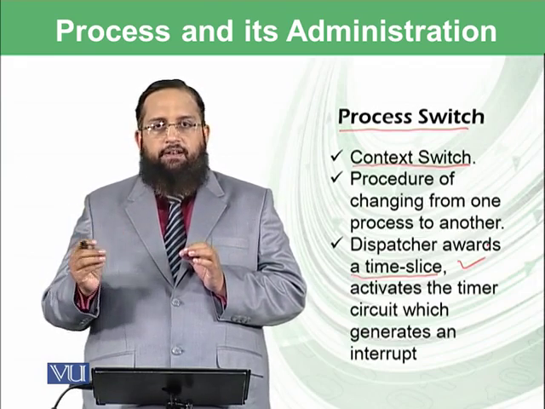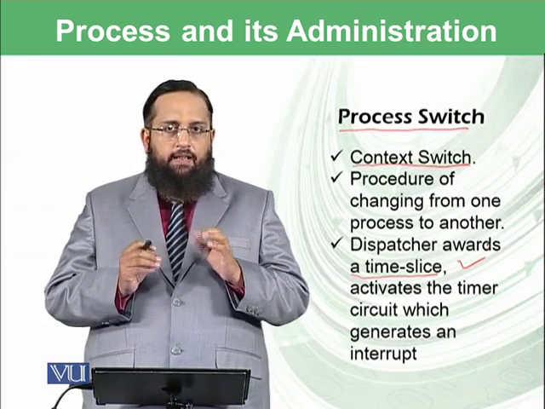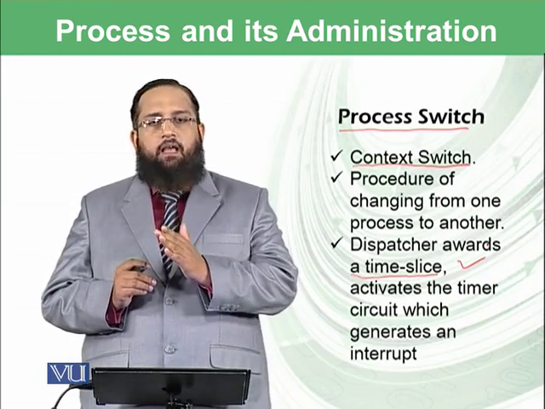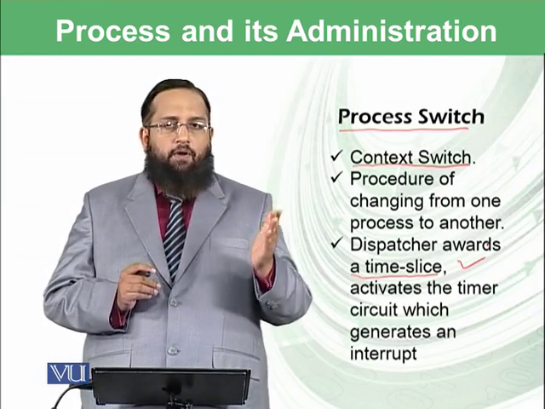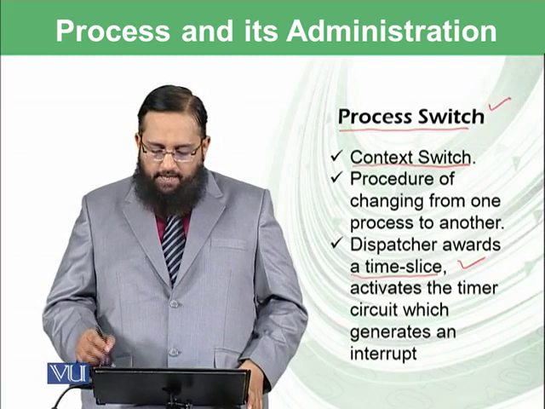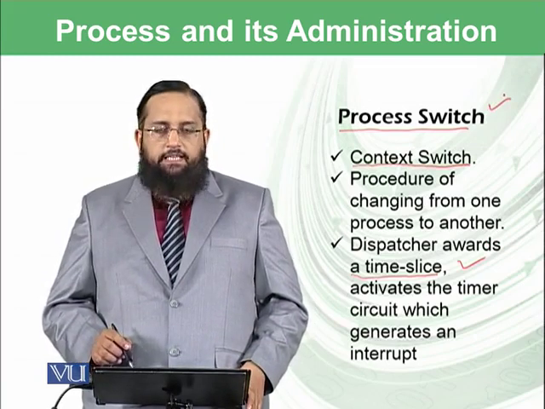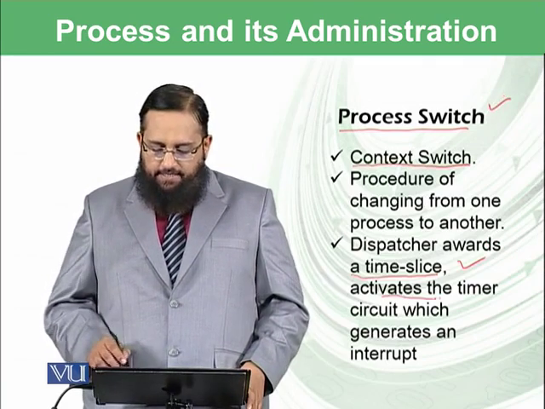So it generates an interrupt. That interrupt means that the control should now be transferred to process B, of course after saving all of the process state of process A. Such a transfer is known as process switch. And how does it see that the time has elapsed? It activates a timer.